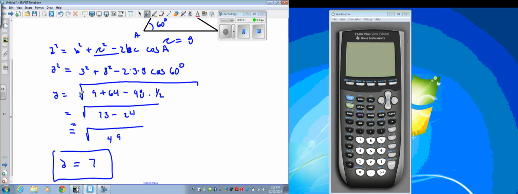That's why I put the positive square root, and at least I did that much right. So the next one says do not use a calculator, and they want to have that angle theta.